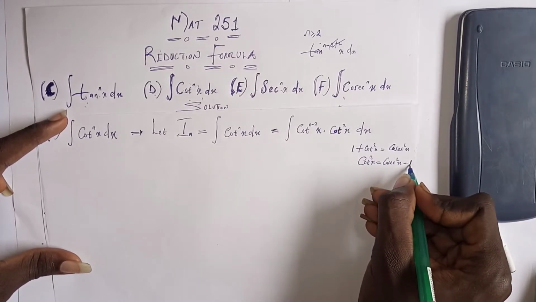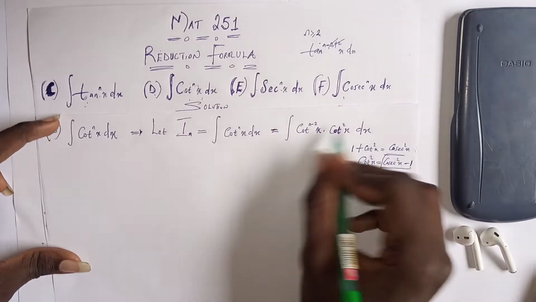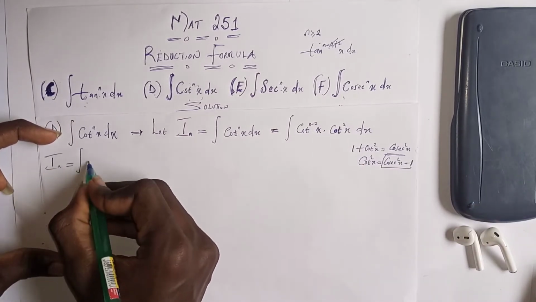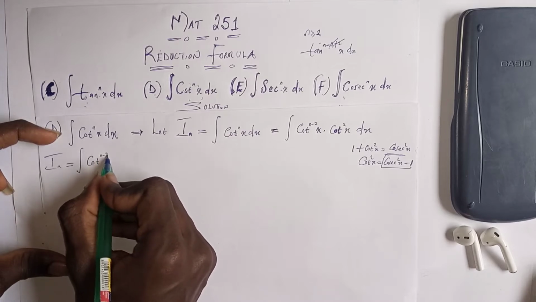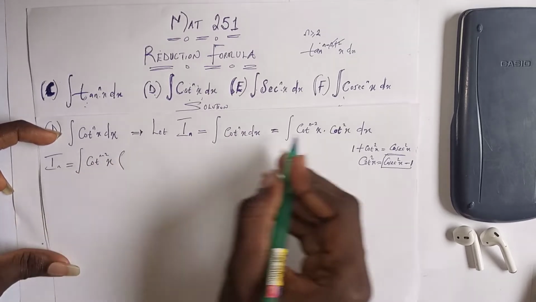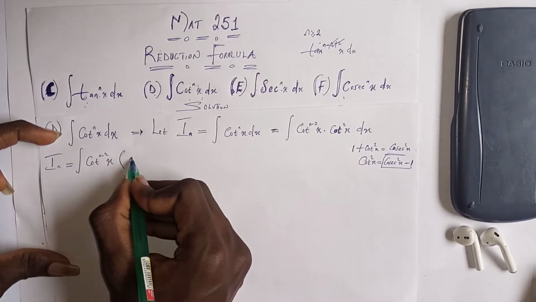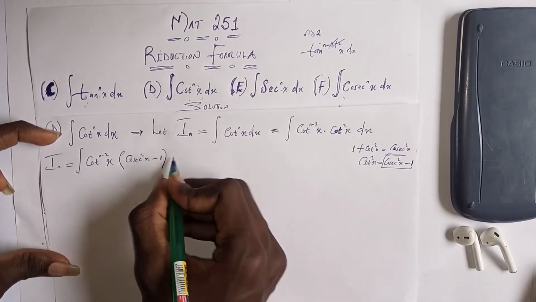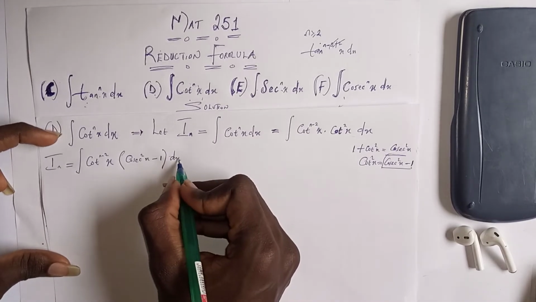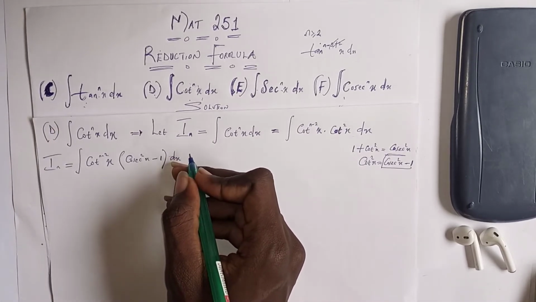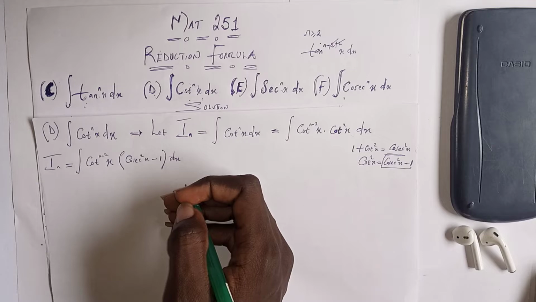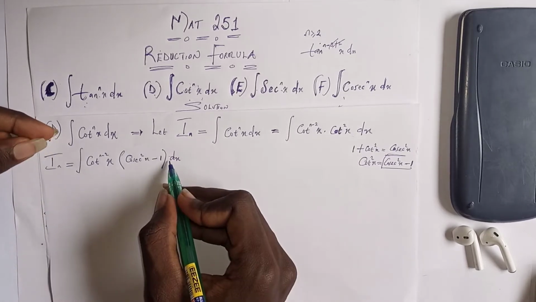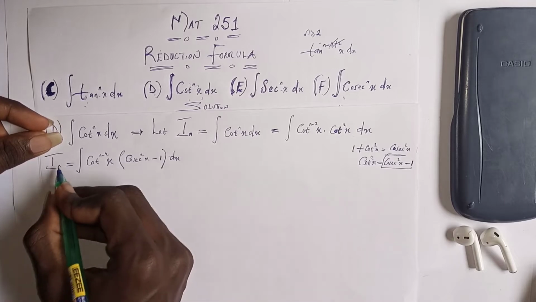So since we have this, we can easily substitute. Hence, I_n equals the integral of cot of n minus 2 of x multiplied by cot square x, which is now cosec square x minus 1, and remember that there is a dx there. When you continue with this, we have to open up this bracket.